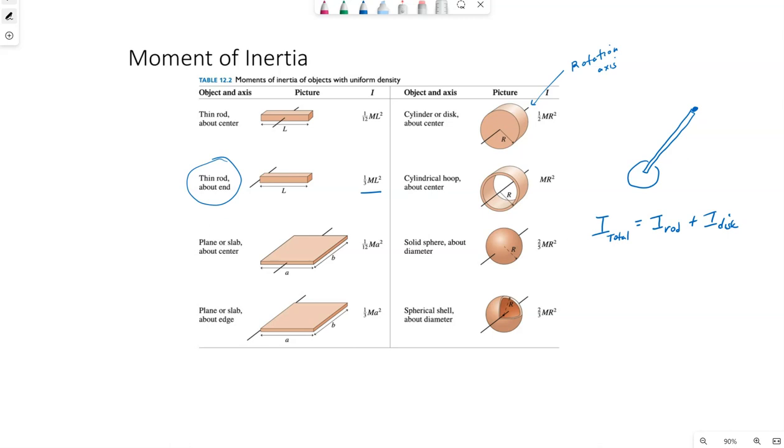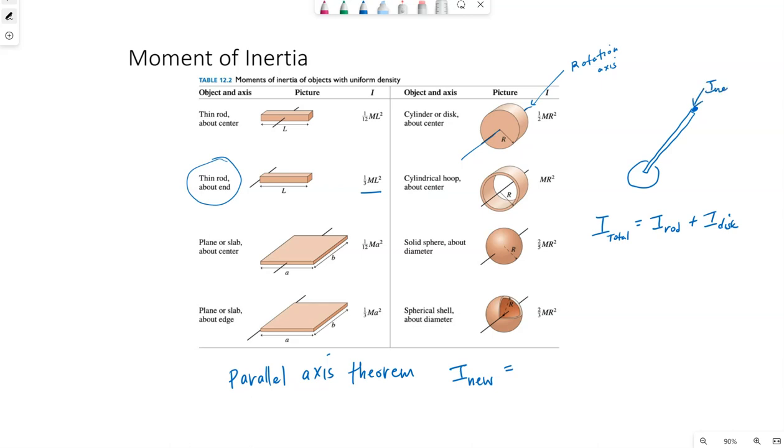But the disc, in terms of our picture here, this table gives us the rotation axis through the center. And this disc is not rotating through its center. And so we would need the parallel axis theorem. I new, so I through this new axis.